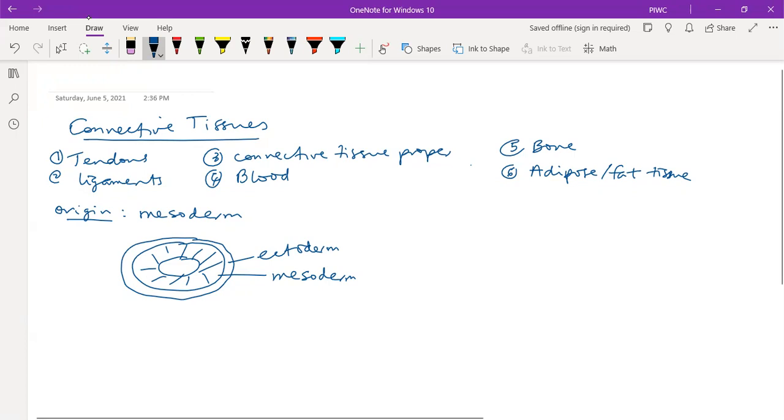Then you have the endoderm, the inner layer, which gives rise to some of the internal structures. So we're talking about the mesoderm over here. That gives rise to the connective tissue. Now let me also add here cartilage. Cartilage is also another type of connective tissue.